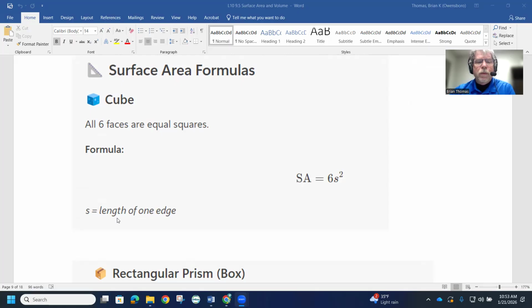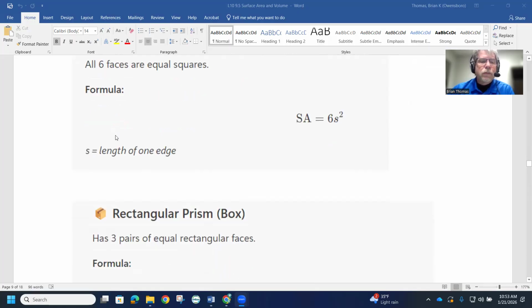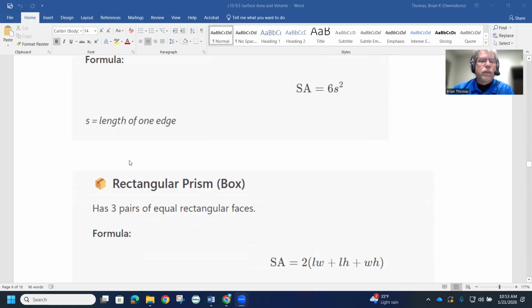So pick up on that: depending on what type of shape you have, some of the words will become interchangeable. So s is actually the length of one edge, a point-to-point distance, while a face could be considered a side if we're talking about a three-dimensional object.